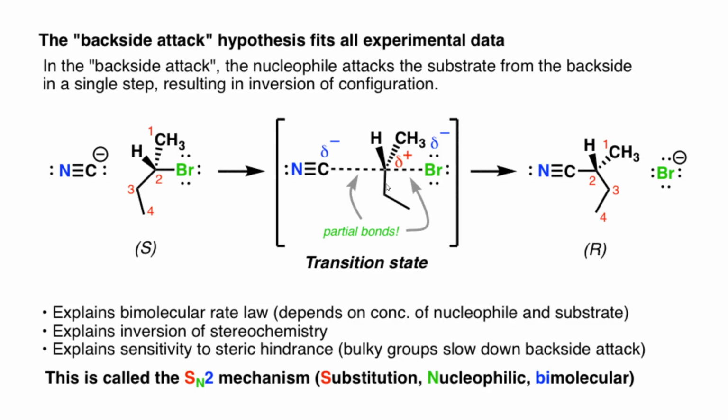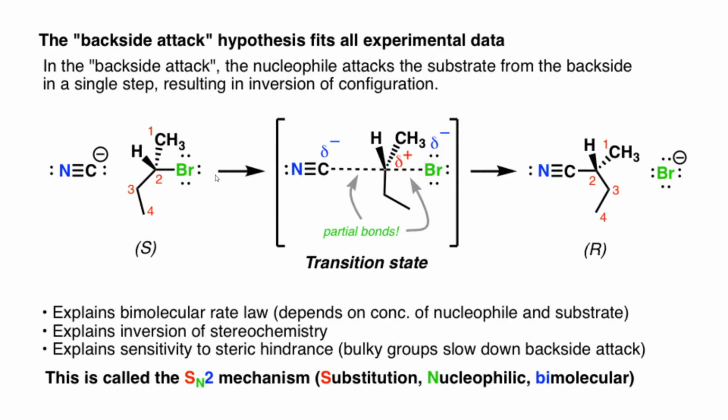It's going to force the electrons in the bond between the carbon and the halogen, this main bond that we're concerned with, over to the bromine, and it's going to bond the carbon with the carbon of the nucleophile.